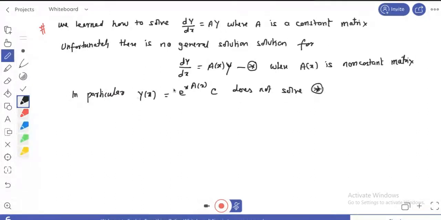If you take this type of form, this solution even fails in the scalar case.